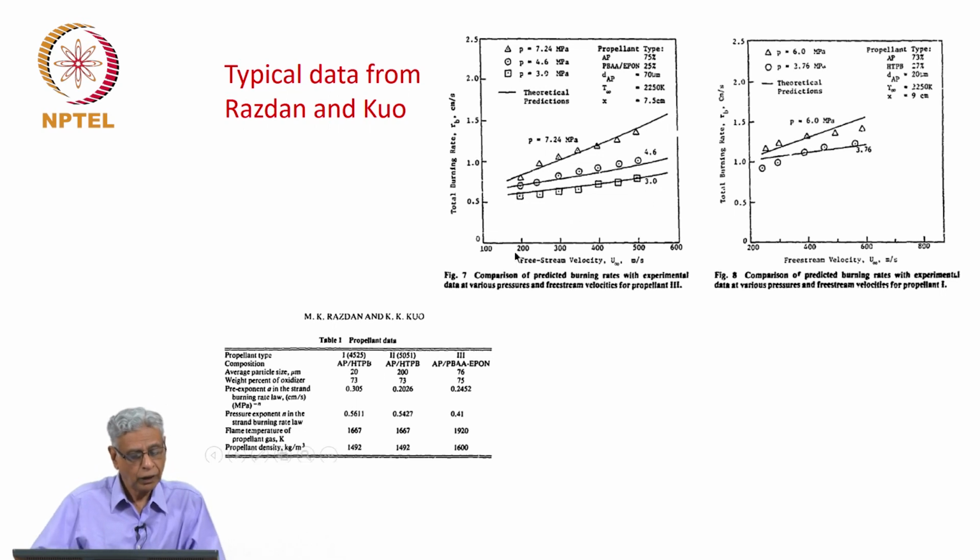You will discover that there are various propellants here with particle sizes, some 20 micron, 200 micron, and something else. The combinations are AP, HTPB as well as AP, PBAA and epoxy. And the pressure index which comes from the non-erosive part is also different in these cases.